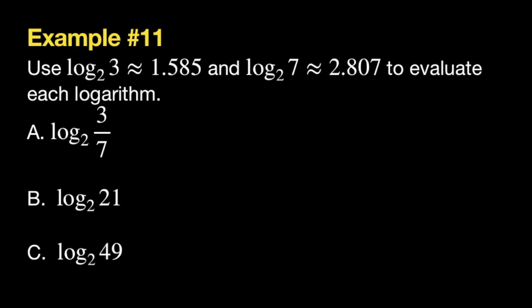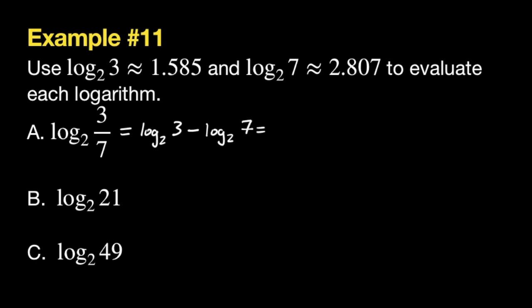In this case, it's telling me log base 2 of 3 over 7. The only thing we're going to do is split it, and say log base 2 of 3 minus log base 2 of 7.